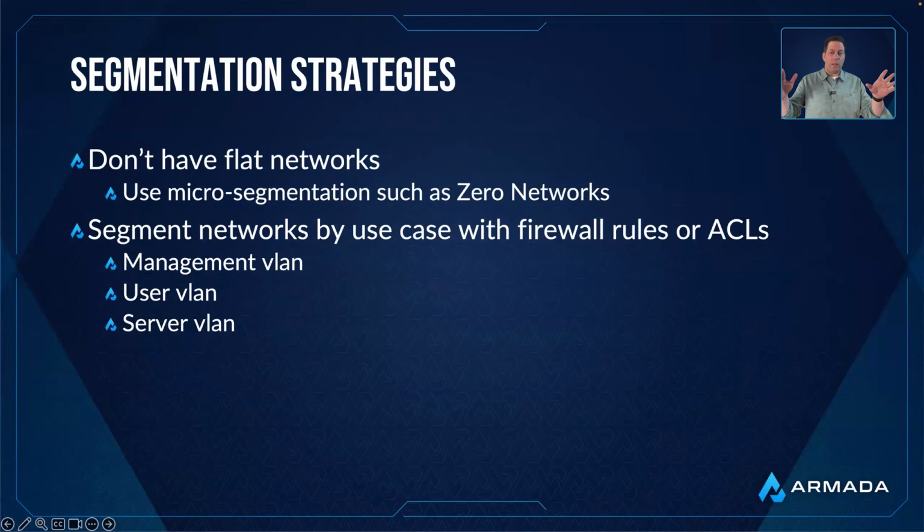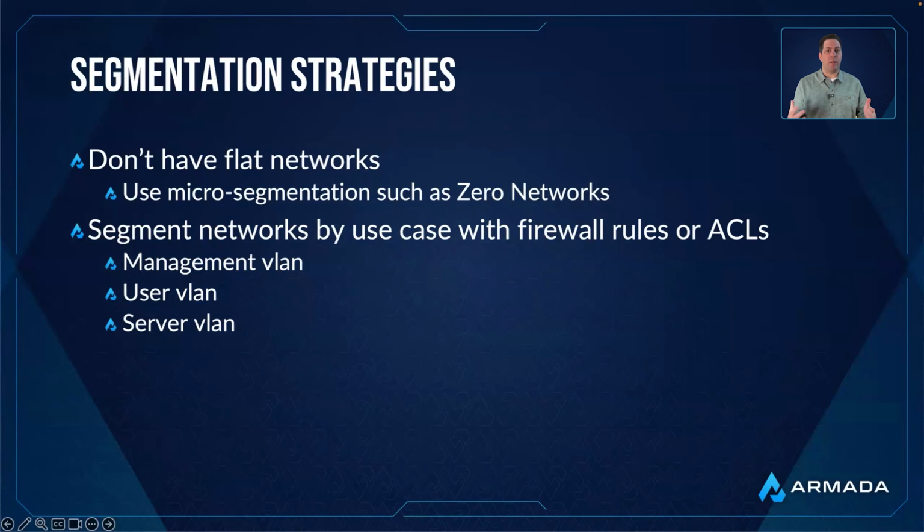The point is that the network is segmented off, and there are specific firewall rules between those different segments. If you have a management VLAN, maybe one of those firewall rules is to only let the MAC address from Core admin go from the management VLAN to the server VLAN.